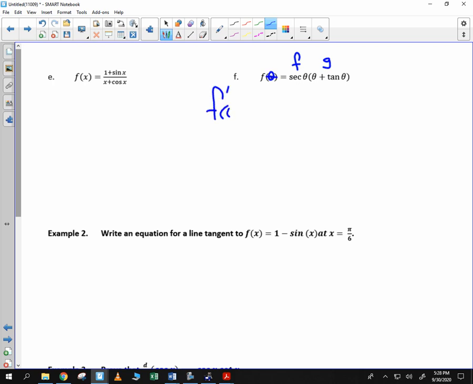So f prime of theta is equal to, I need the derivative of secant, which is secant of theta times tangent of theta, times g, which is theta plus tangent of theta, plus g prime. The derivative of theta is 1, just like the derivative of x is 1, plus secant squared times secant of theta.